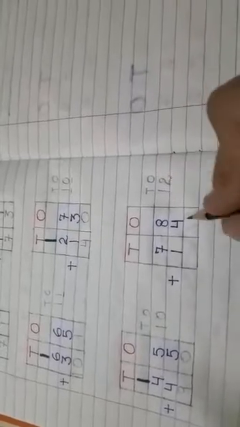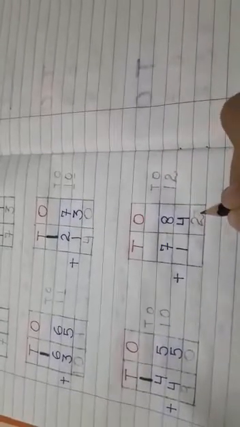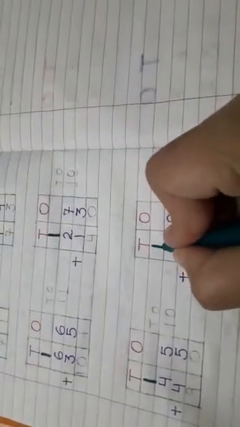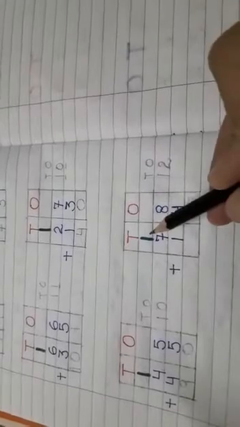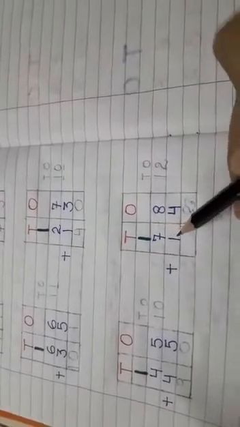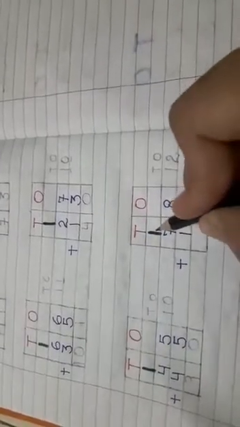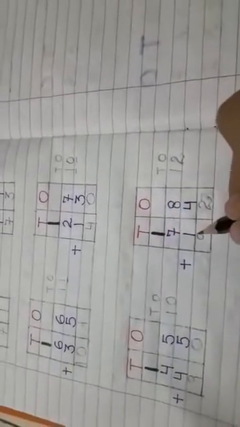The ones place digit will come to the ones column and the tens place digit will go to the tens column. That is called carryover. 7 plus 1. What comes after 7? That is 8. 8 plus 1 is 9. So the sum is 92.